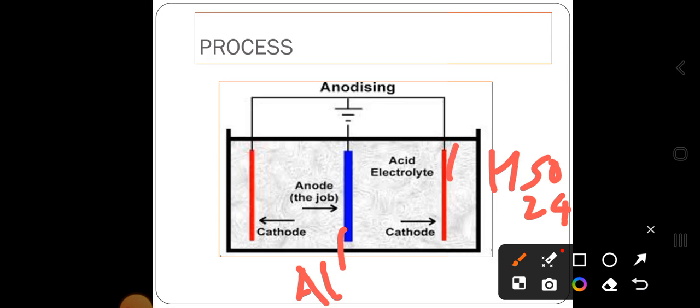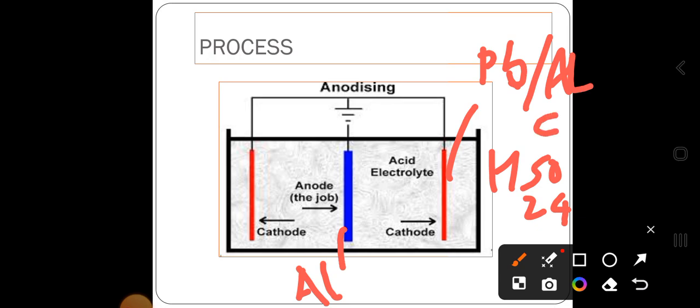So either lead is taken, or it can be aluminum itself, because it will not react, because they are of the same. Again, the anode is aluminum and the cathode is aluminum. There won't be any competition between the metals. Or also graphite can be used. So these three are non-reactive, meaning the oxide layer will be formed effectively on the anode if we make use of a non-reactive cathode.